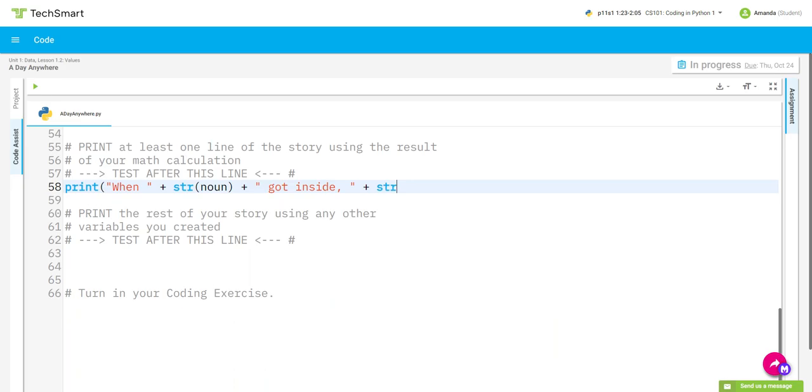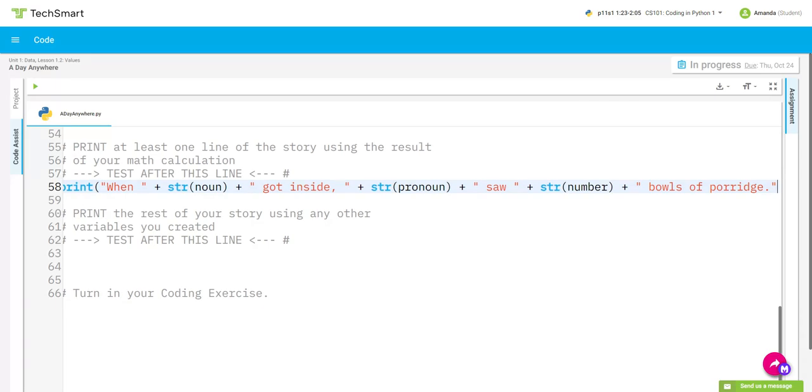Here comes the pronoun again. Pronoun, space, saw, and here's number. Saw plus str number plus bowls of porridge. Was it porridge? I think it was porridge. It's been a long time since I read that story.